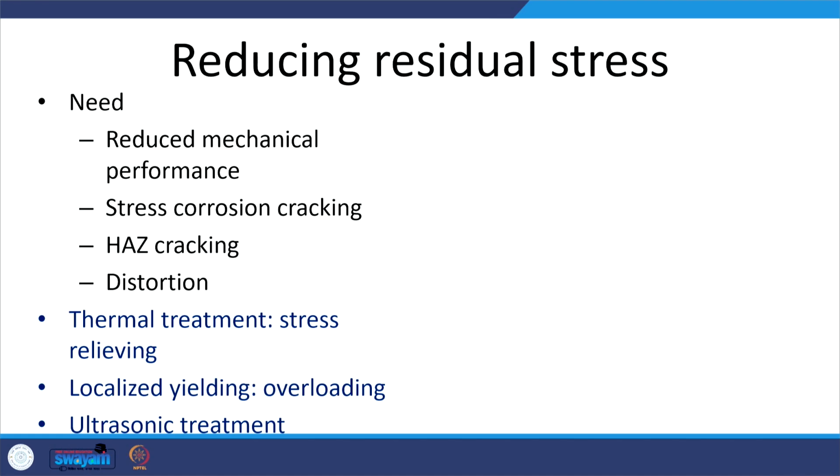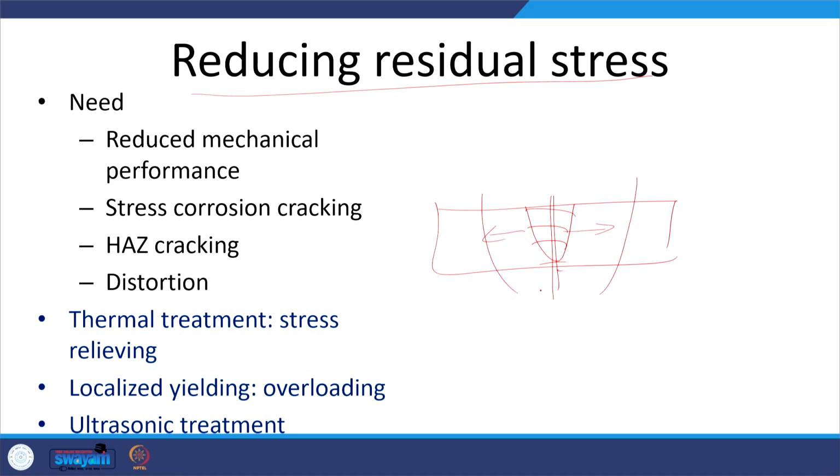Now, reducing the residual stresses. As I said, in fusion welding, this is the fusion weld joint, and the maximum heat and maximum temperature are generated at the weld center, and then it decreases away from the weld center. Because of this, a differential weld thermal cycle is imposed on the parent metal in the different zones, and as a result we get the residual stress distribution like this.